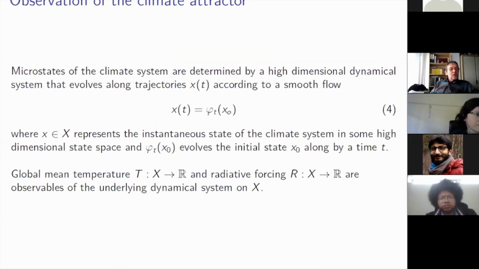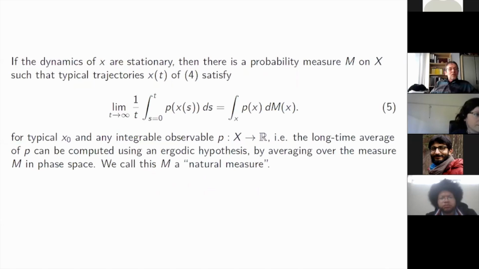So if we assume that the dynamics here are occurring in a generic way, and use the standard dogma in dynamical systems that there should be some probability measure that determines the behavior on the attractor, then you can define this measure, capital M, which is a natural measure on the attractor in this high dimensional space.